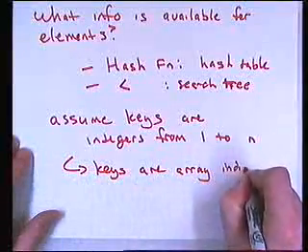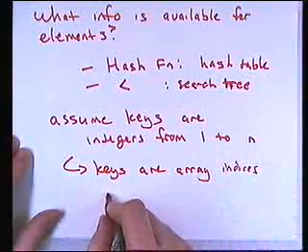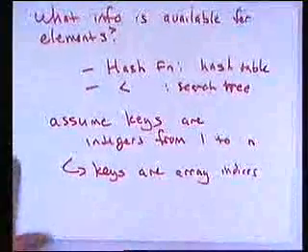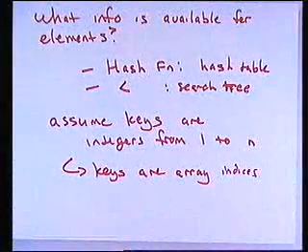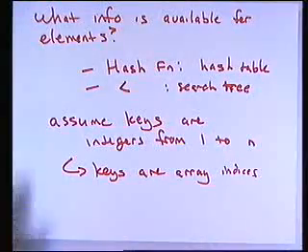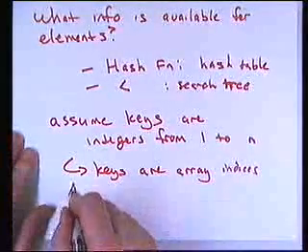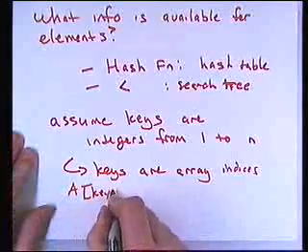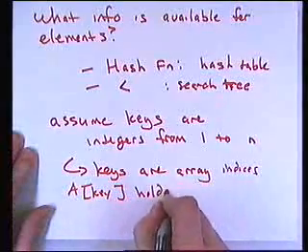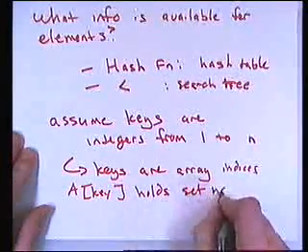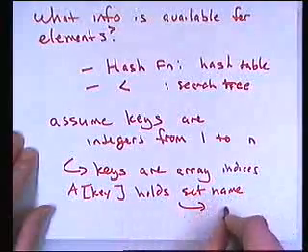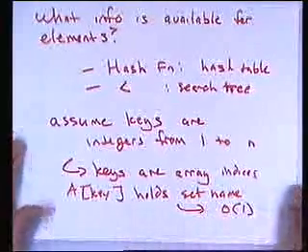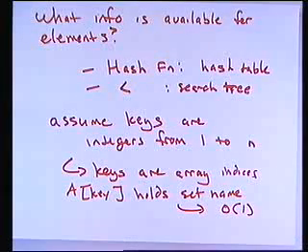And if the keys are the array indices, then one possible implementation is to say A of key holds your set name, and of course that's constant time to retrieve. If whatever cell is at that key holds your set name, you can retrieve the set name in constant time, which is as good as we could possibly ever get for find.